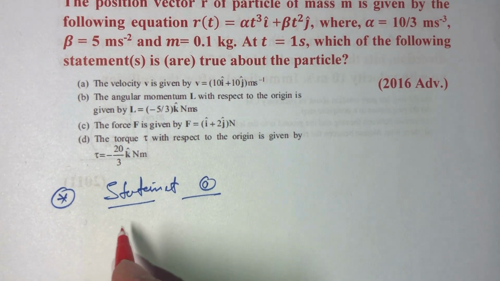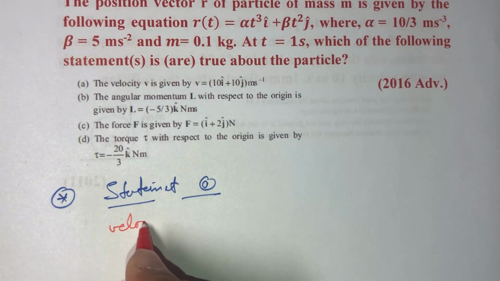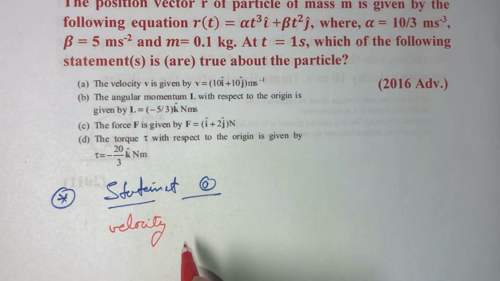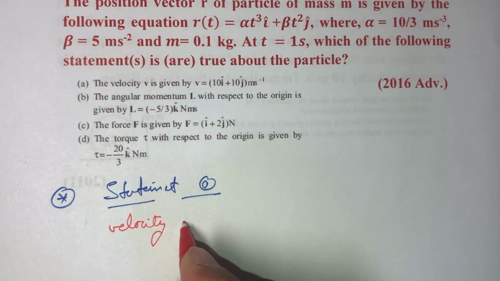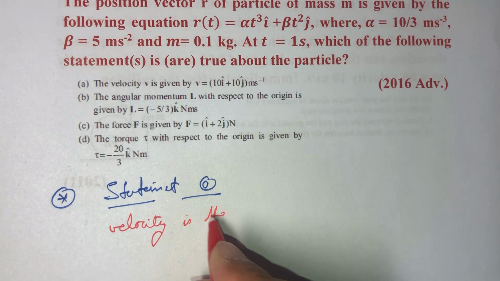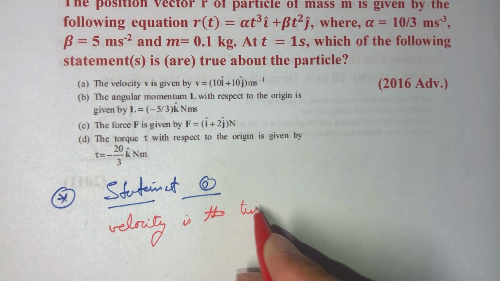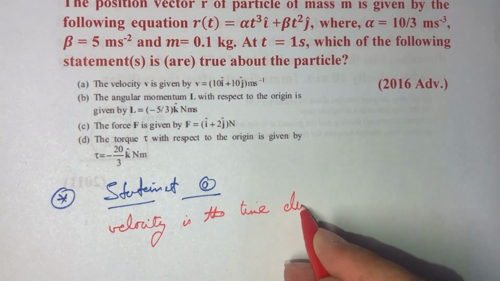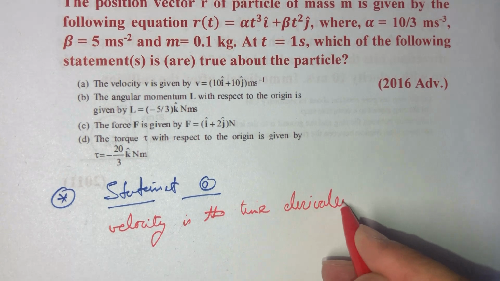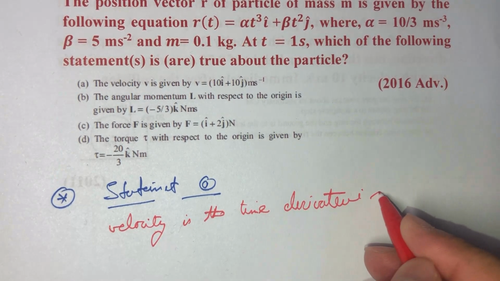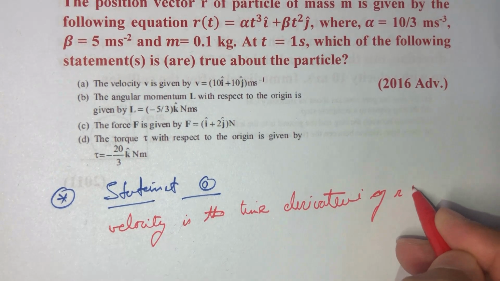So we can say velocity is the time derivative of position vector r of t.